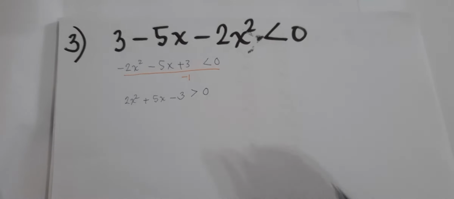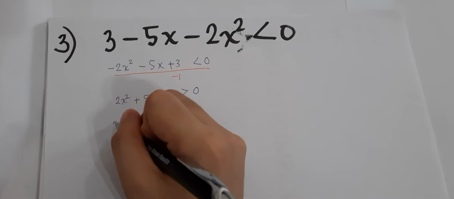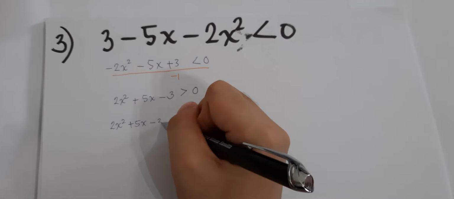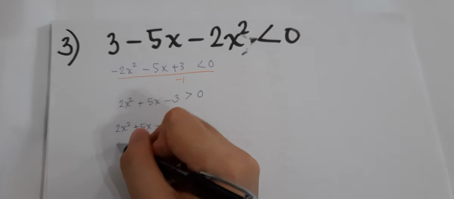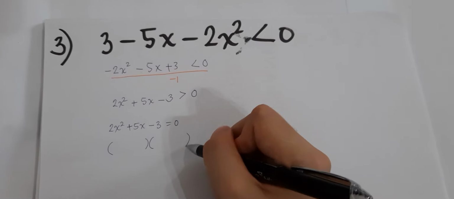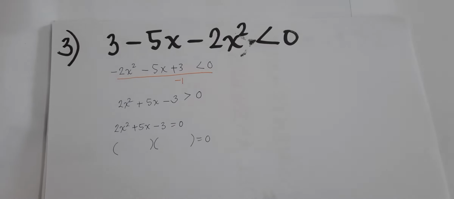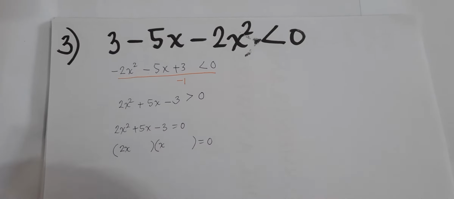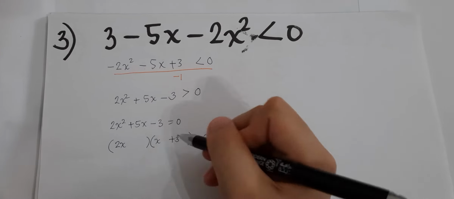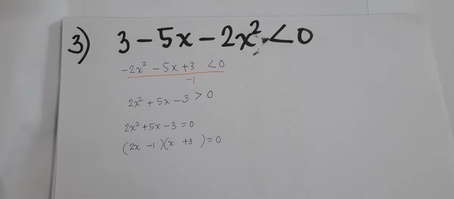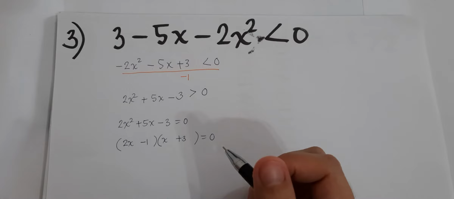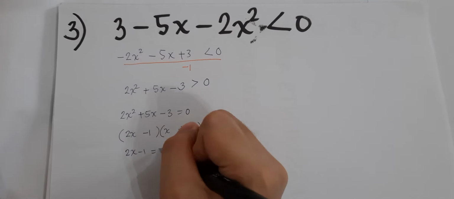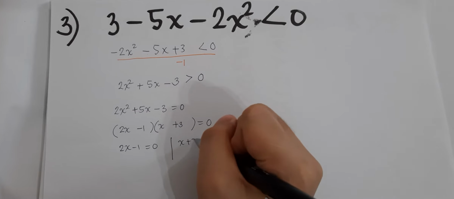Now I will continue by making this an equation so that I could factor and find my critical values. What is the factor for this? 2x and x, here plus 3 minus 1. Then we will get our critical values by equating each factor to 0.